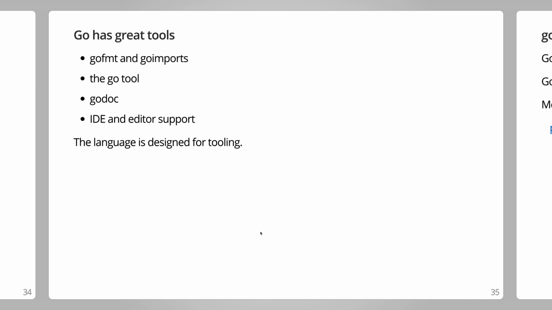So one of the things that Go is also good at is that it has good tools. There's Go fmt and Go imports, and there's the Go tool, and there's GoDoc, and it has great support for editors nowadays.